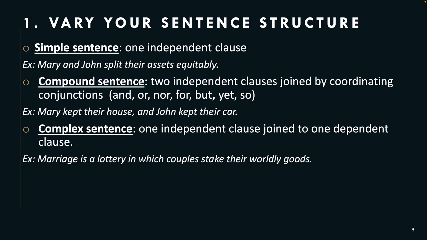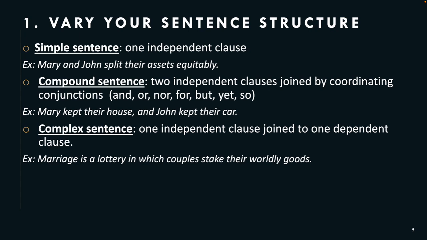"Marriage is a lottery" is an independent clause. "In which couples stake their worldly goods" is a dependent clause. What does that mean? It cannot stand alone. "Marriage is a lottery." Yes, that can stand alone. But "in which couples stake their worldly goods" cannot. That's not a sentence. It is called a dependent clause.